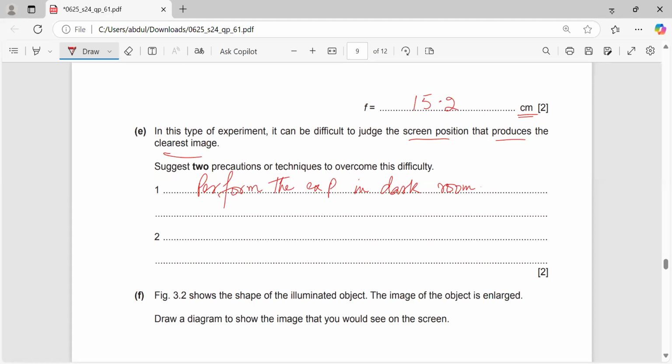Secondly, a very common point: move the screen slowly back and forth to get the clearest image.